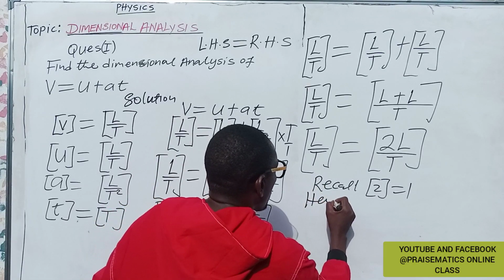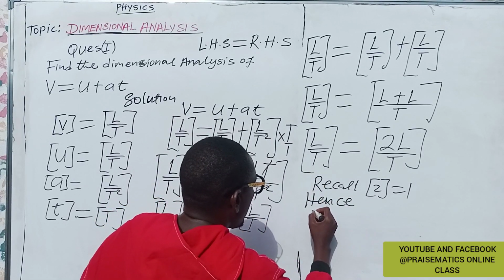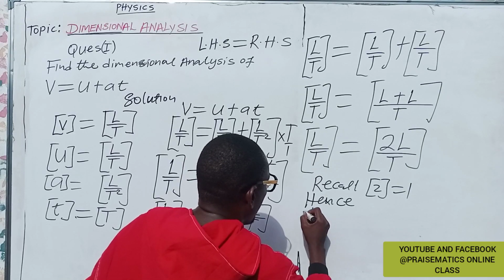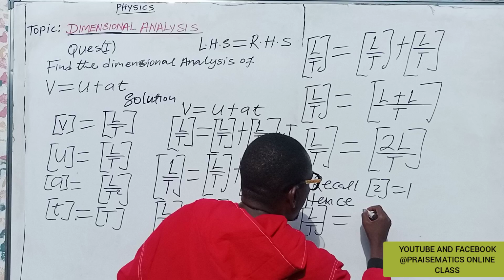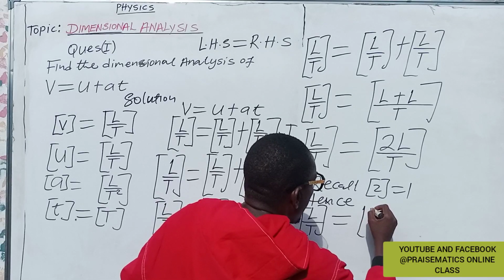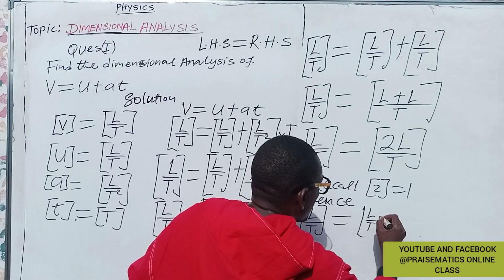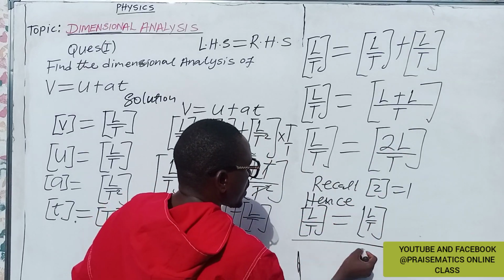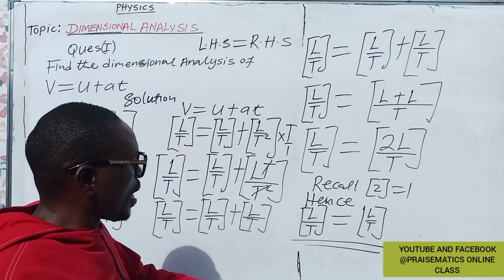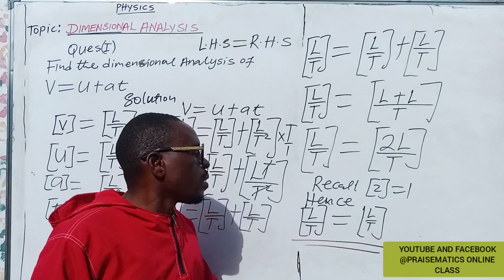Hence, what do we have? The dimension of L over T is equal to the dimension of L over T, because 1 times L will give you L. So finally, that is our answer. The left hand side is equal to the right hand side.